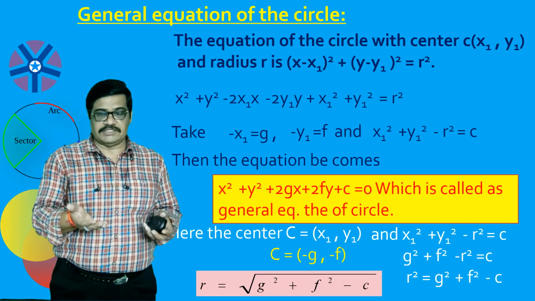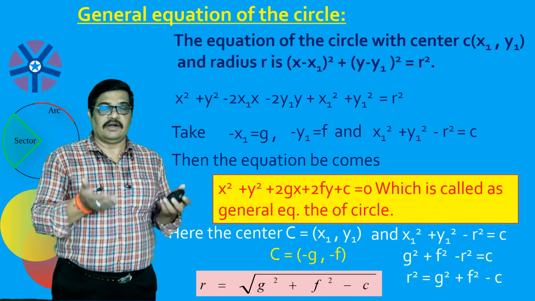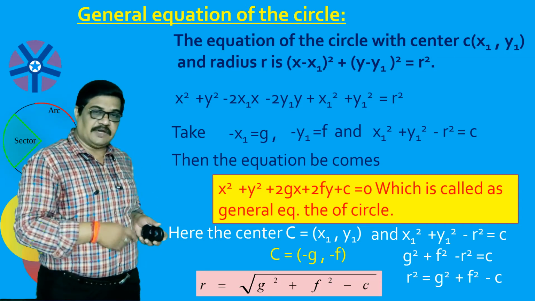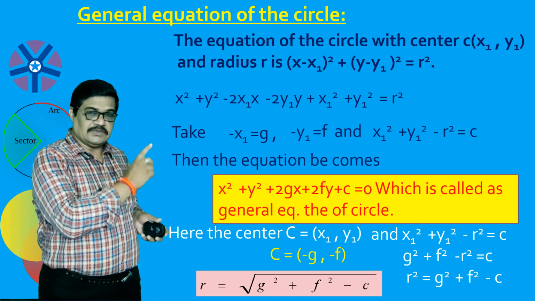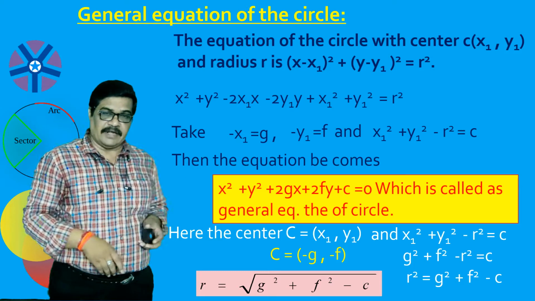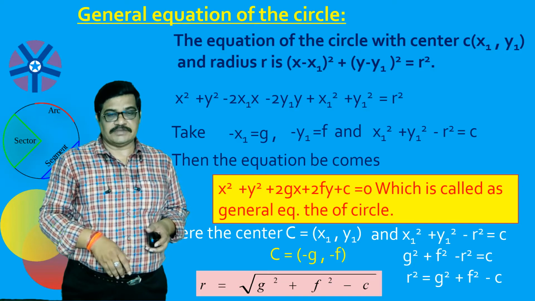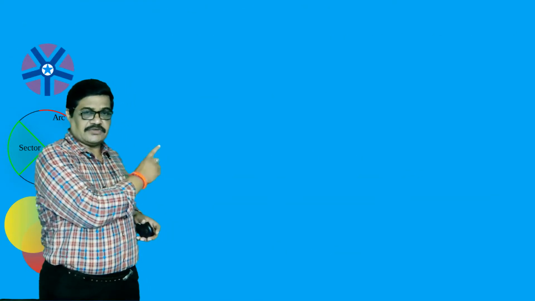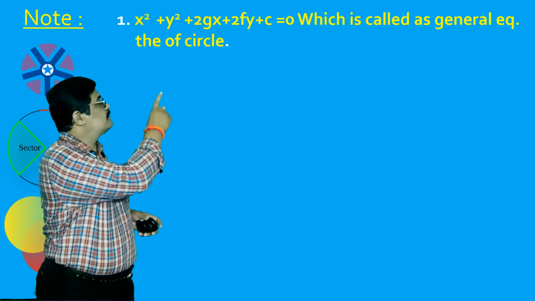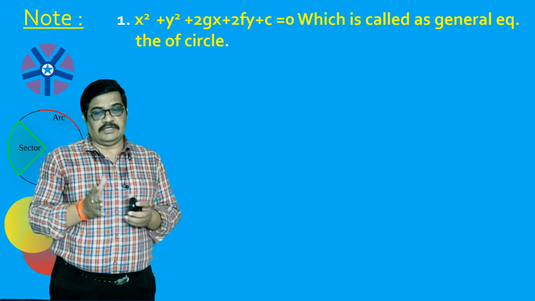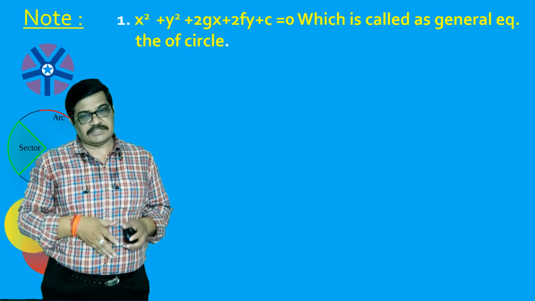So given the general equation of the circle, we can now get the center and radius. Center is minus g, minus f and radius is root of g square plus f square minus c. Okay. Next, note this. Here x square plus y square plus 2gx plus 2fy plus c is equal to 0 is called the general equation of the circle.